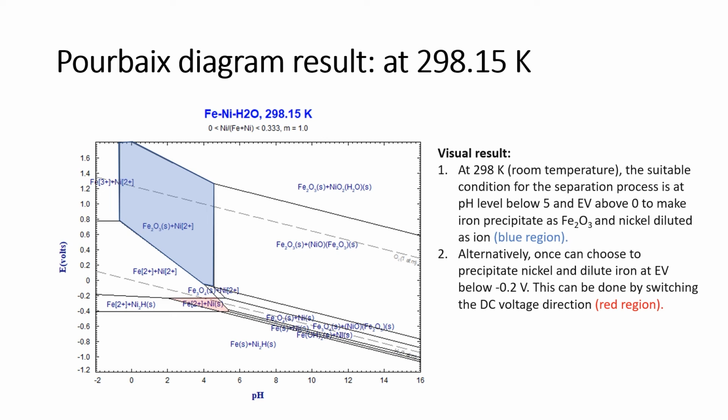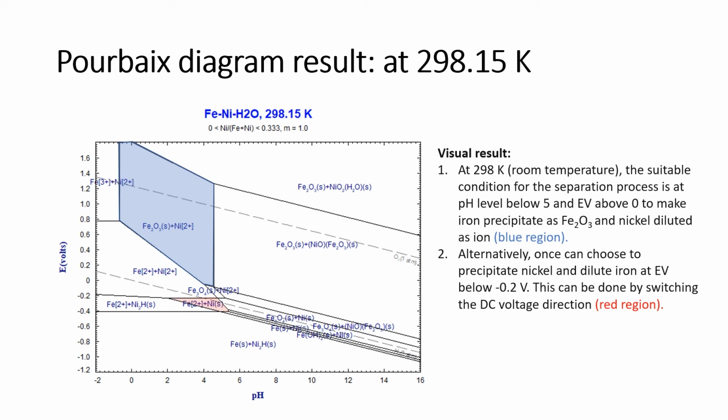tendency of our equilibrium. So if you suppose that you have pH level of 4 and you have electric potential of 0.6, you will probably have hematite precipitate in your system, and the nickel is diluted in the solution, and you can then separate them using normal precipitation method.